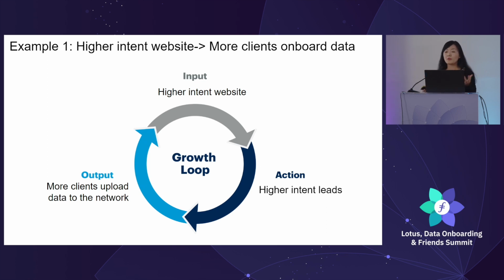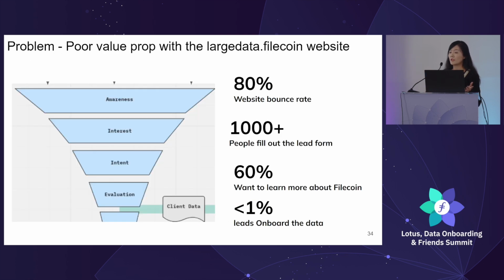Eventually, we want a website with better intent that can demonstrate the value prop of our Filecoin storage, which will lead to more interested clients. So I want to first show you what bad data looks like.